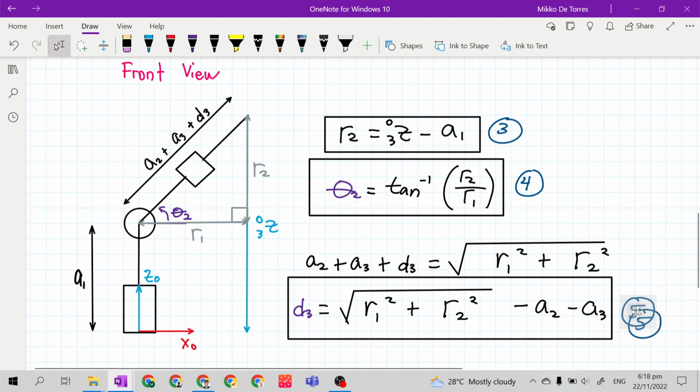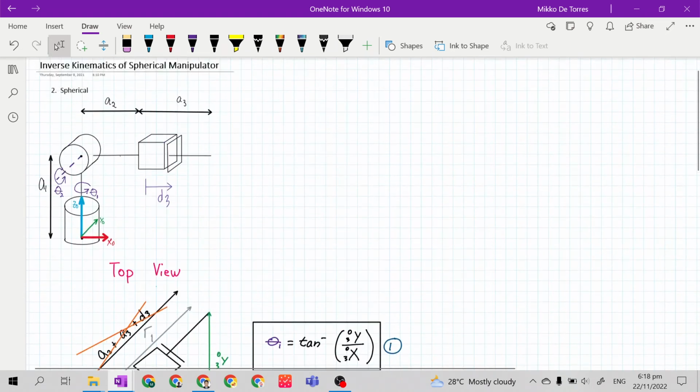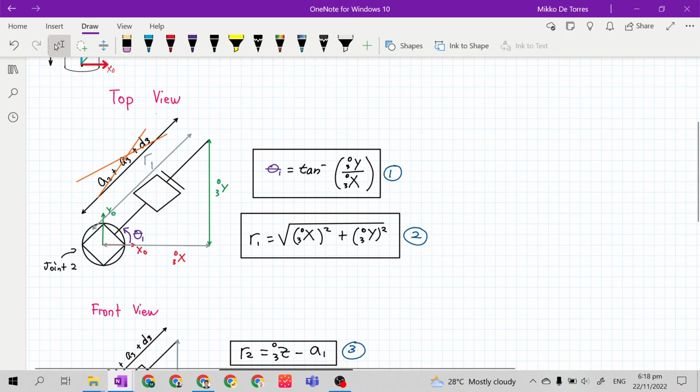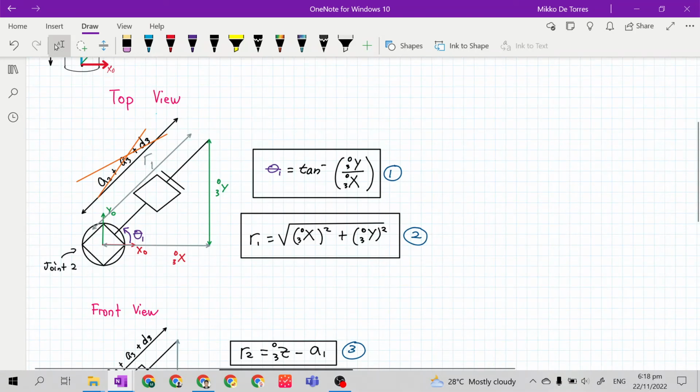At our fifth equation, we can now solve the d sub 3. So we have 5 equations for our spherical manipulator's inverse kinematics. Okay, so summary.